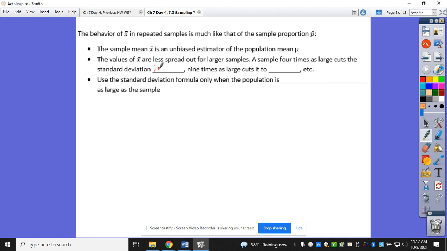In half. A sample that is 9 times larger cuts it to a third. And what we just wrote, we can only use the standard deviation formula when the population is what? At least 10 times as large as the sample.